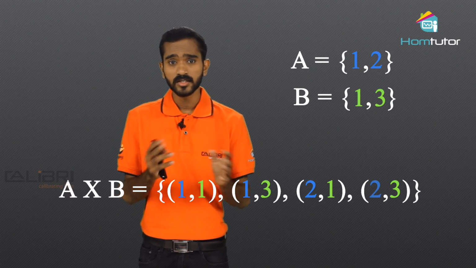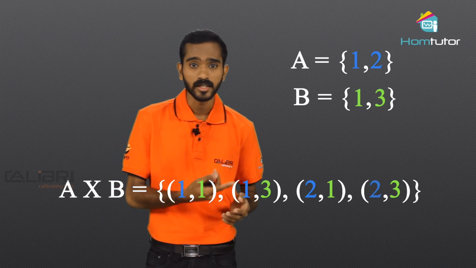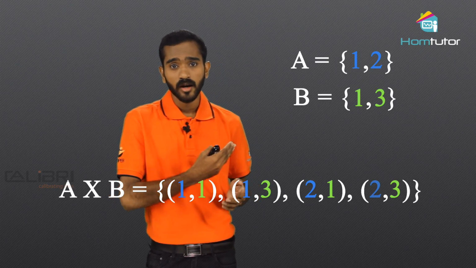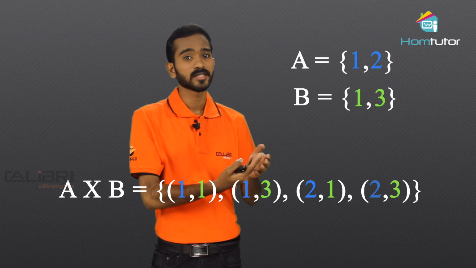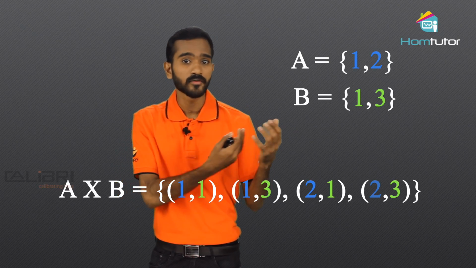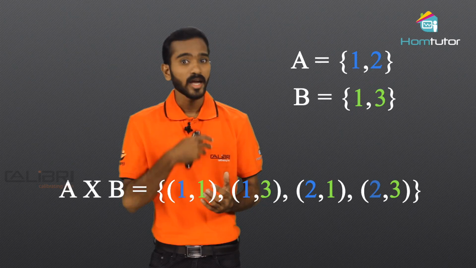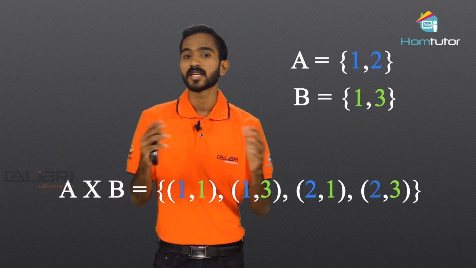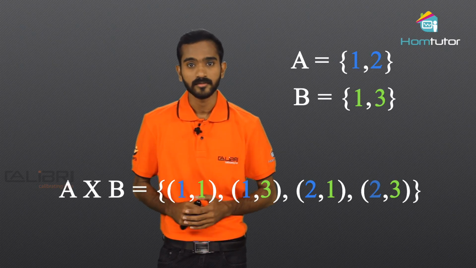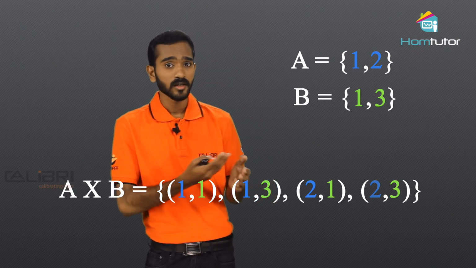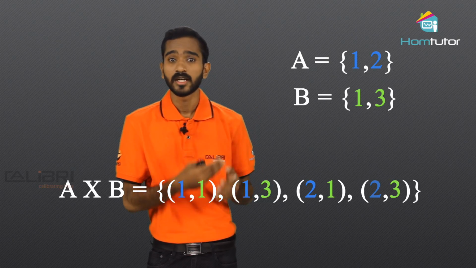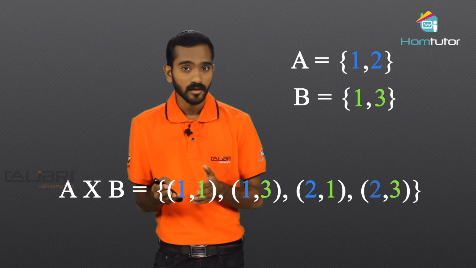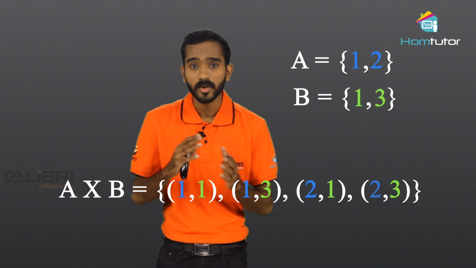Now let us take the cross product of A and B, that is A cross B. The first ordered pair would be the first element from A, that is 1, and the first element from B, that is again 1, thus getting the ordered pair (1, 1). The second ordered pair would be the first element from A, that is again 1, and the second element from B, that is 3, so the ordered pair (1, 3).